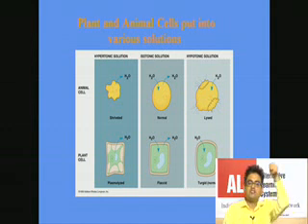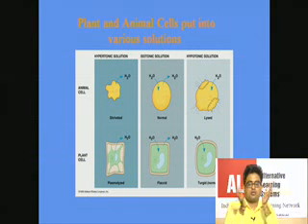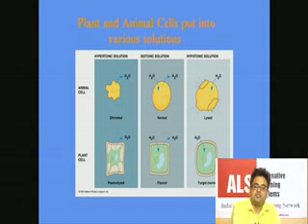And if I place it in water, water will enter inside, so it will become normal shape and size. If I put it in pure water for a large amount of time, it might burst after a sufficient amount of time has passed. It will absorb so much water, it can try to burst also. So that is the turgid condition.